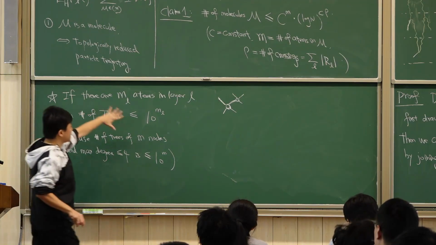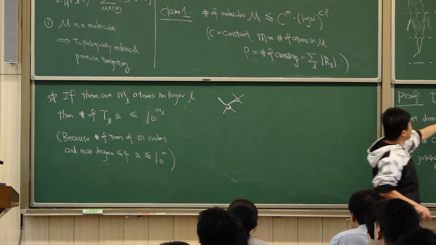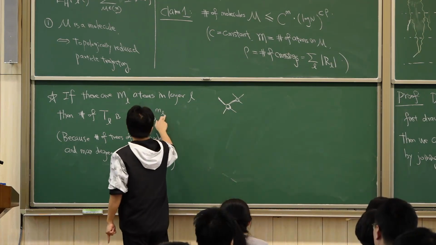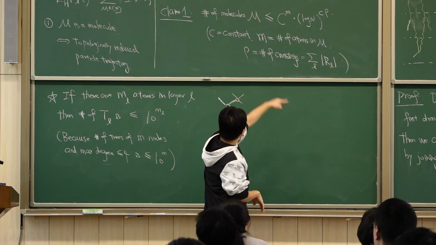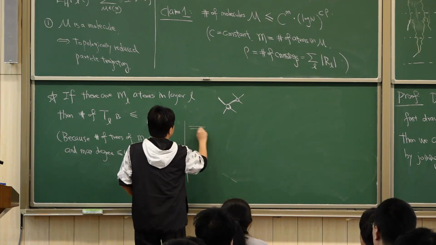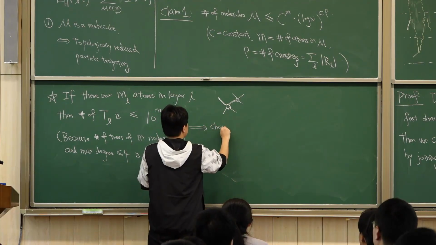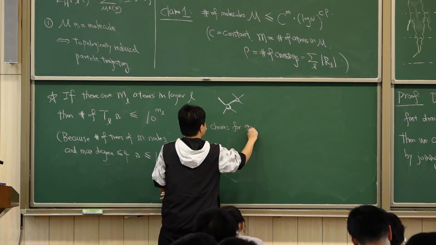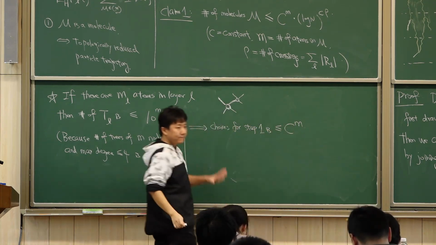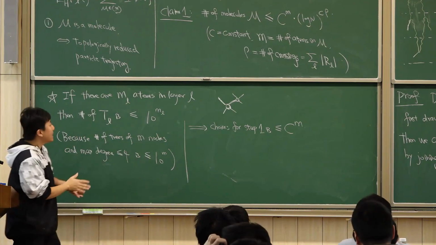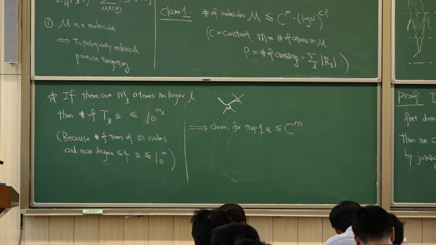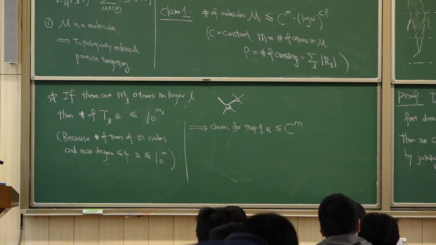Okay, so this is the first thing. To draw this tree T_L, you have these 10 to the m_L choices, and the sum of m_L is equal to n, the total number of atoms, so the choices for step 1 are less than c to the m. Now what about choice 2? Choice 2 is even easier, because you just look at each layer and you join these layers.